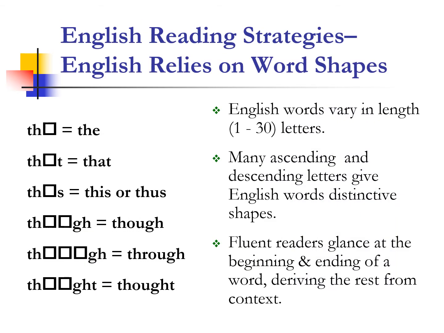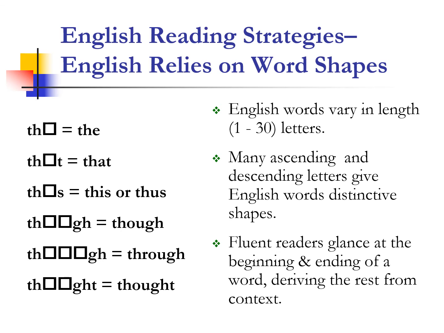Last week we looked at the way English reading strategies are basically a factor of dealing with word shapes in English, because the word shapes are really quite different. English has words that can be as short as one letter, as long as 45 letters.